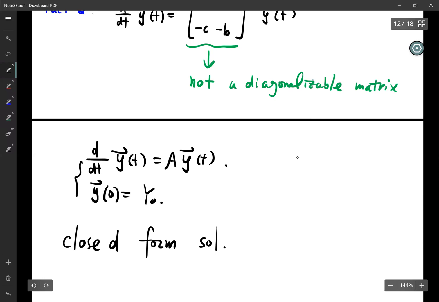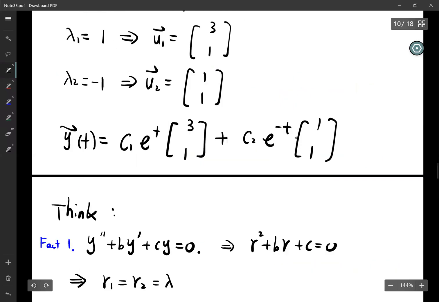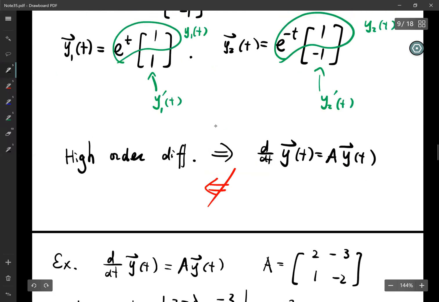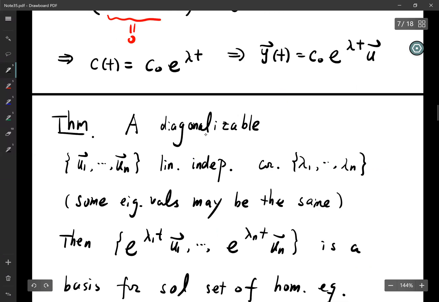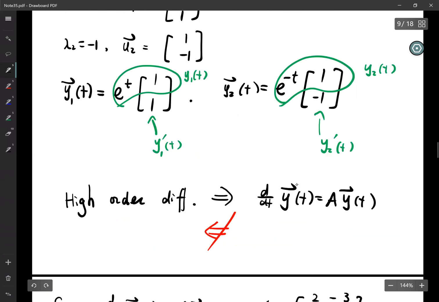We go, check the auxiliary equation, high order things, maybe I need to worry about more things. And those are only high order differential equations. And those are only some special cases of this first order equation arrays, and we can barely manage to handle the case where A is diagonalizable.